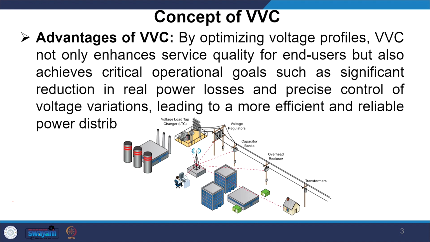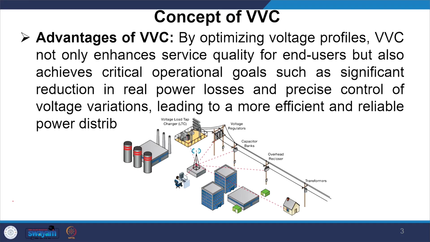There are 2 things. Losses need to be reduced; if your voltage difference is low, naturally the losses will be low. We can also make sure that the voltage experienced at each and every bus does not vary too much for the end users, leading to a more efficient and reliable power distribution system.